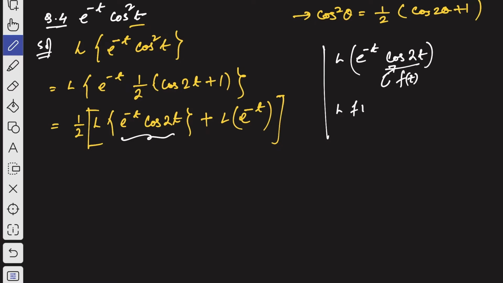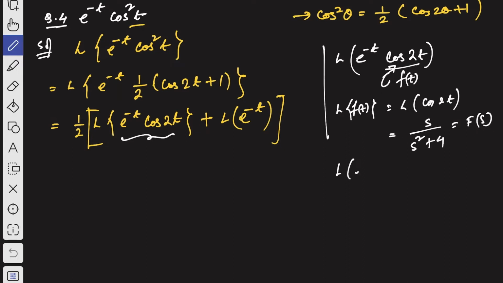So Laplace transformation of f of t, that is Laplace transformation of cos 2t, that is nothing but s by s square plus 4. 2 square means 4, right? That's what we will get. This is our capital F of s. So according to the first shifting theorem, Laplace transformation of e to the power at f of t is given by F of s minus a, right?